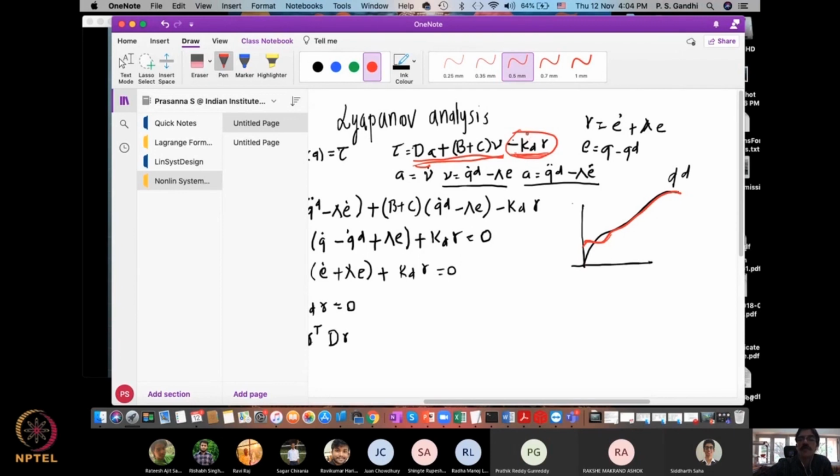When you use high gain for Kd, then your trajectory will be maintained along the desired trajectory in a very nice fashion.